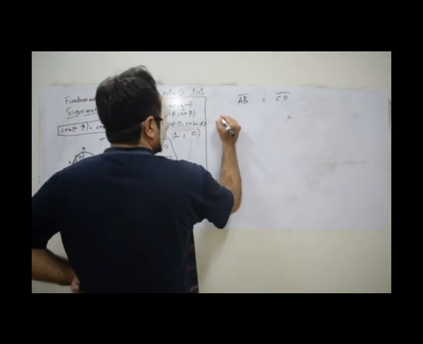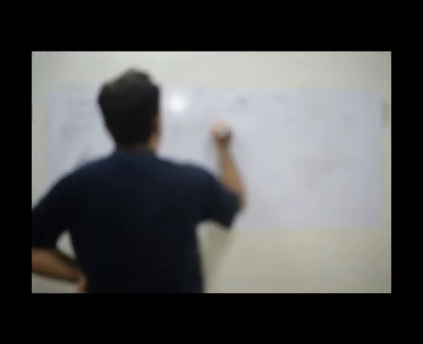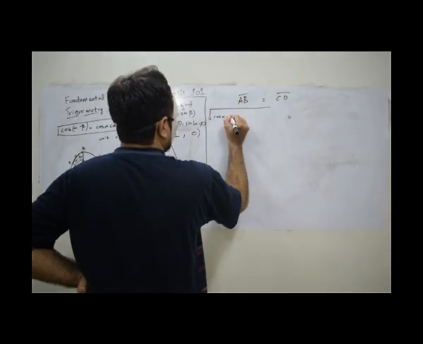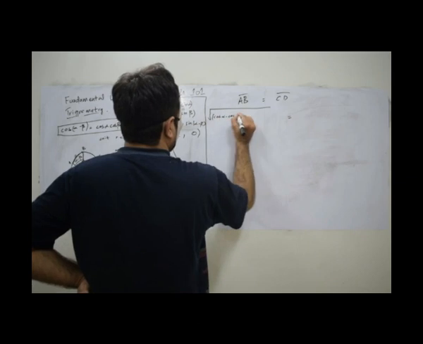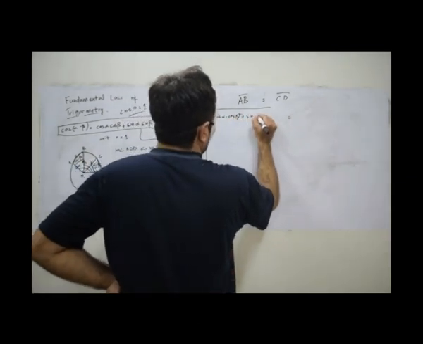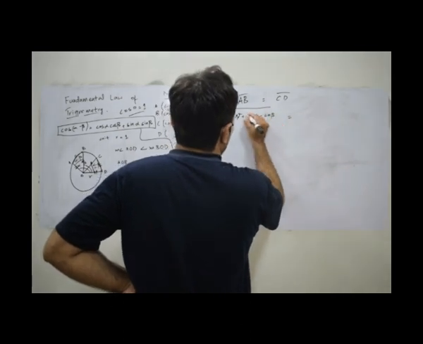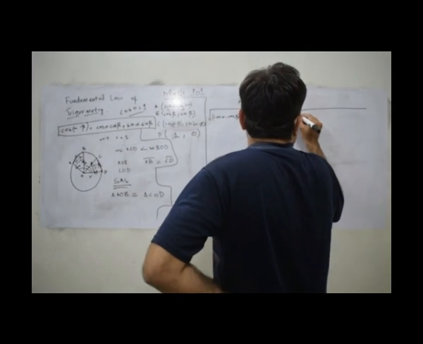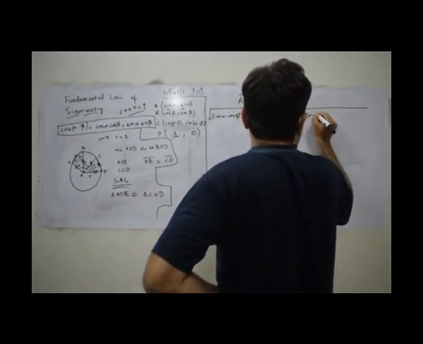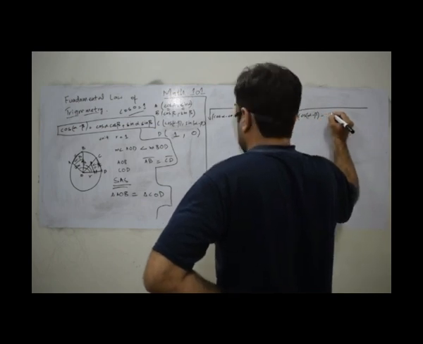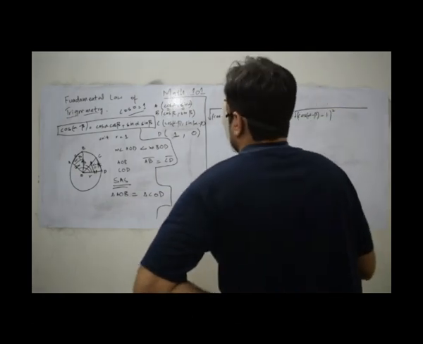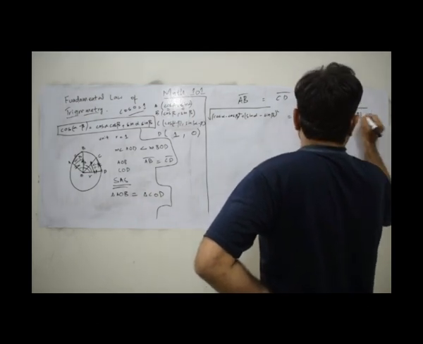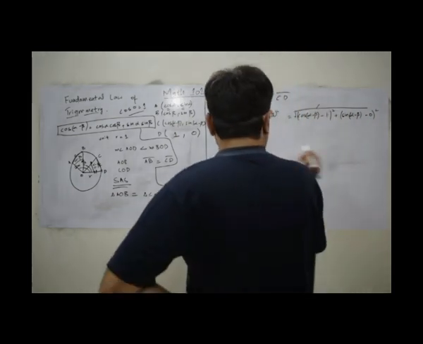So AB, we can write like this: cos alpha minus cos beta squared plus sine alpha minus sine beta squared is equal to cos of alpha minus beta minus 1 squared plus sine of alpha minus beta minus 0 squared. The square root cancels out on both sides.